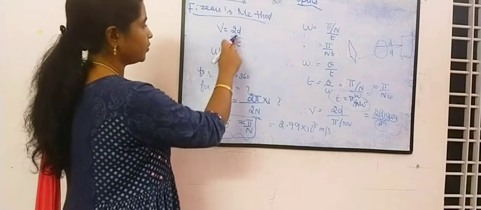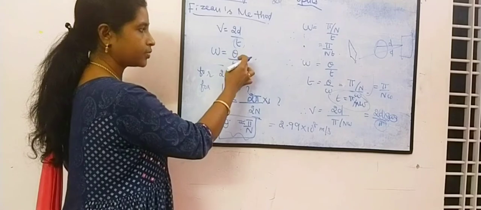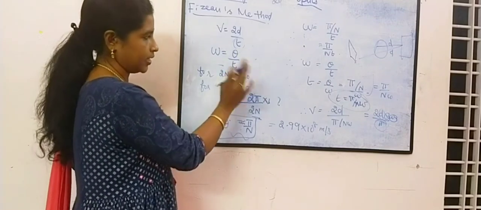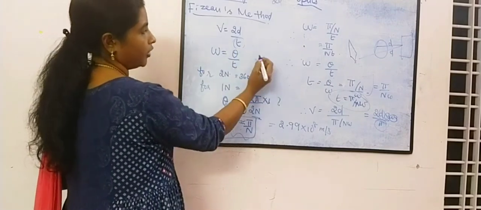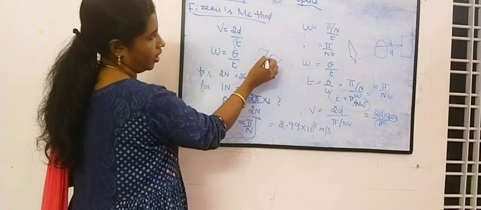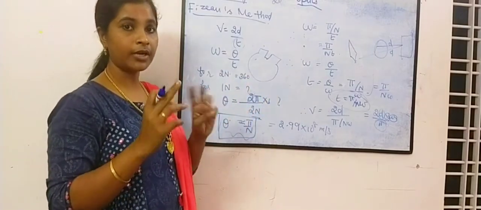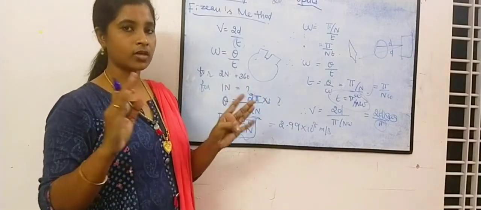So what he is doing: we know that angular velocity is angular displacement by time, that is theta by t. I told you that there are n cuts, that is n teeth and n slots. So totally 2n teeth and slots are there.